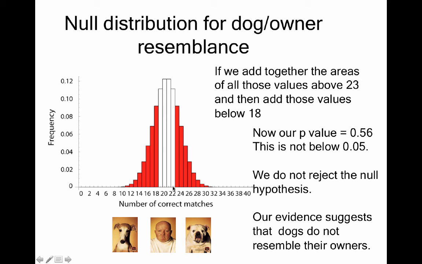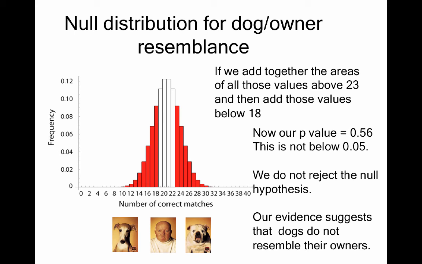So that's 23 correct and 18 incorrect. If we were then to calculate the actual area of all those red shaded columns, our value would come to 0.56. So again, we've got the proportion of the area under the curve that accounts for the outcome we got and anything more extreme. Convert that to a probability of 0.56.